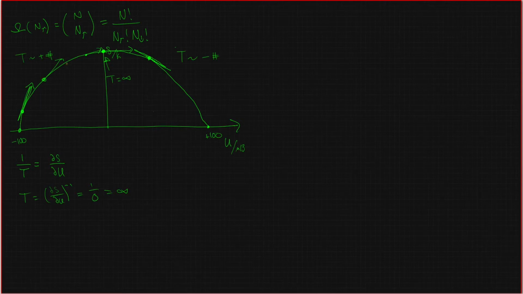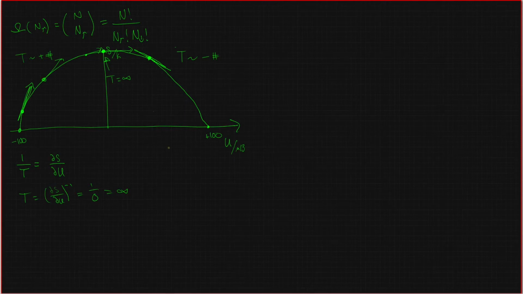And as it goes higher and higher, at this point it'll give up energy to any system whatsoever, because you can throw in energy or lose energy, and the entropy doesn't change at that point. But then as you move over here, as you add energy, the entropy actually decreases. So since it wants to increase its entropy, it wants to lose energy, even more so than when T is equal to infinity. That's why you should think of these negative temperatures as actually being hotter than the divergent point right here.